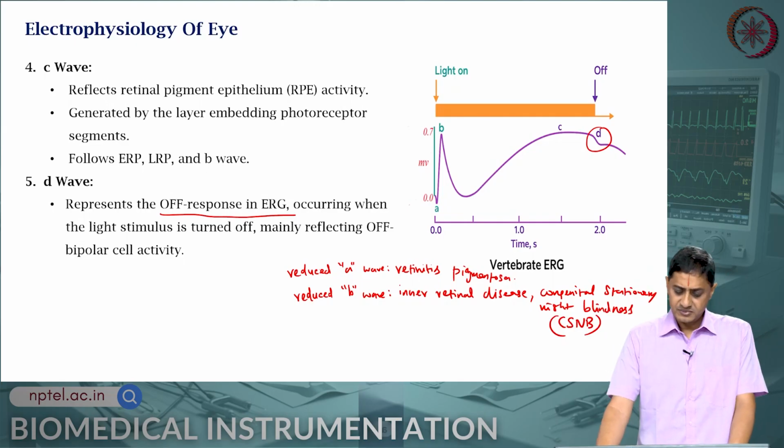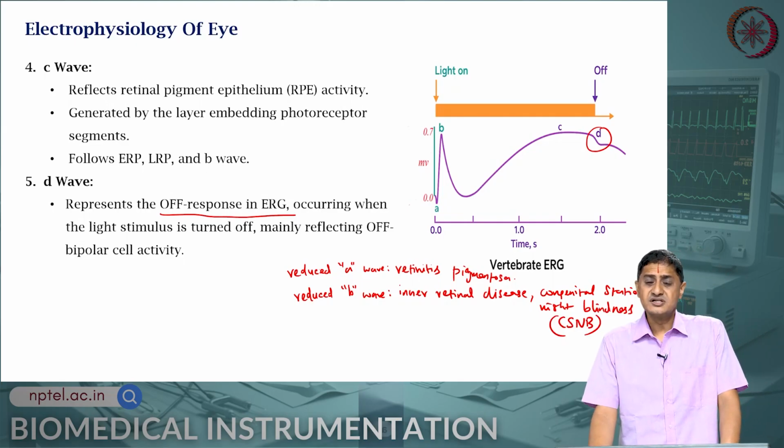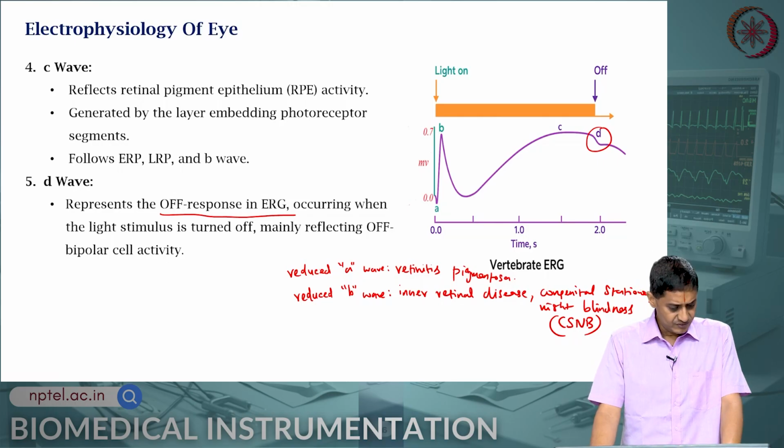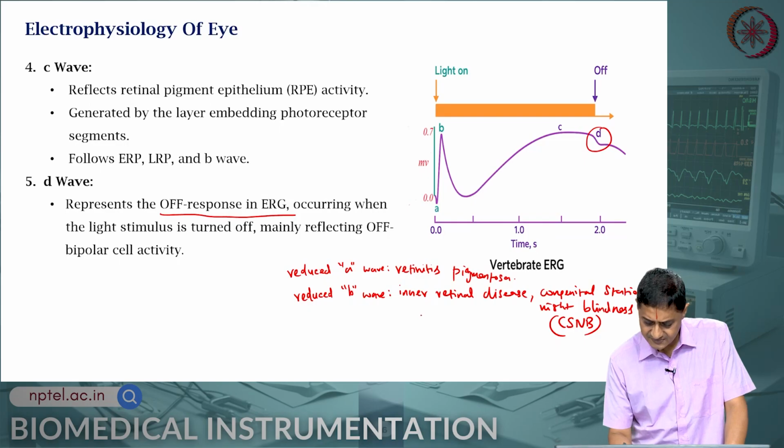This is the other problem that could be causing a reduction in the B wave. What else could be that? Or it could be due to retinoschisis.